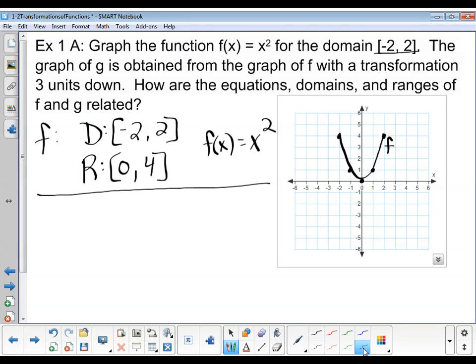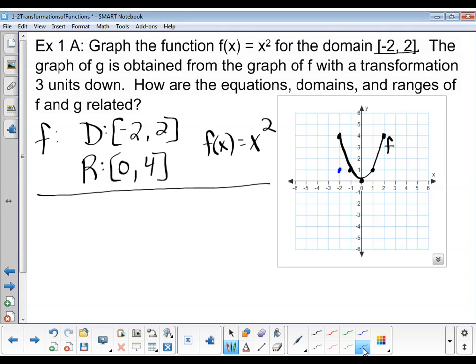Now I'm going to look at the graph of g. And it says g is obtained from f with a transformation of 3 units down. So to figure out how my g graph is going to look, I'm going to look at these 5 points that I have in f. I'm going to take each of them and move them down 3. So this point, -2, 4, is going to move down 3. 1, 2, 3, to -2, 1.